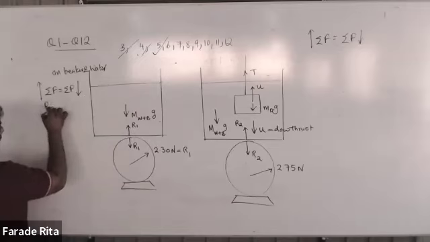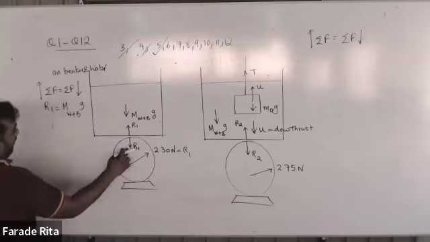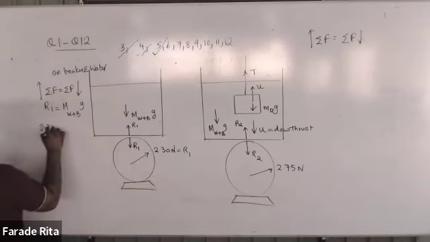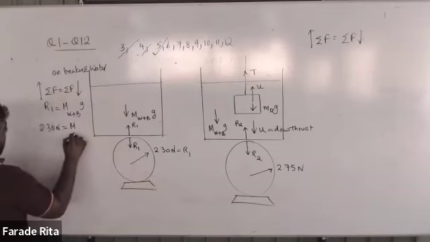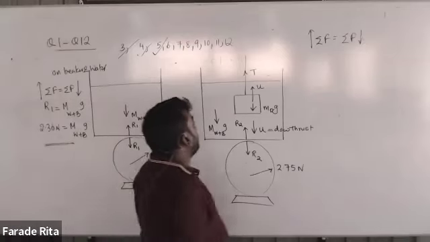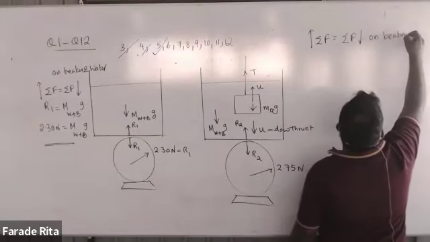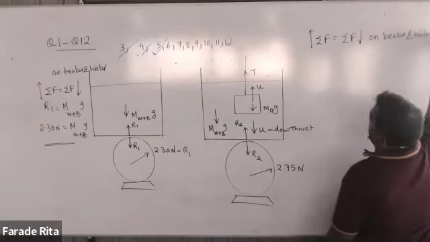Upward you have R1, downward you have the weight of beaker and water. What is your reaction? Reaction is 2.3 Newton. So the weight of water and beaker is 2.3 Newton. You can use it here.